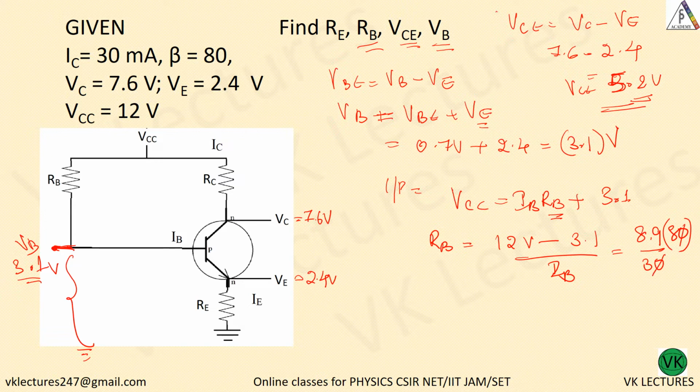So get cancelled. 9, 3, you can write it around. 2, 4, this is milliampere. 3, 3, 8 are 24. So 24 kilo.